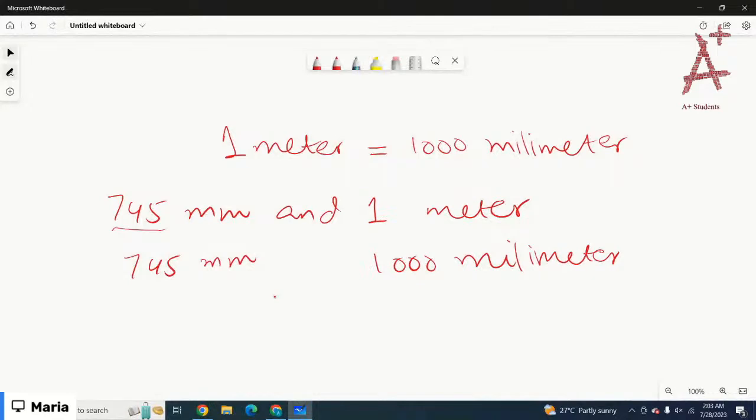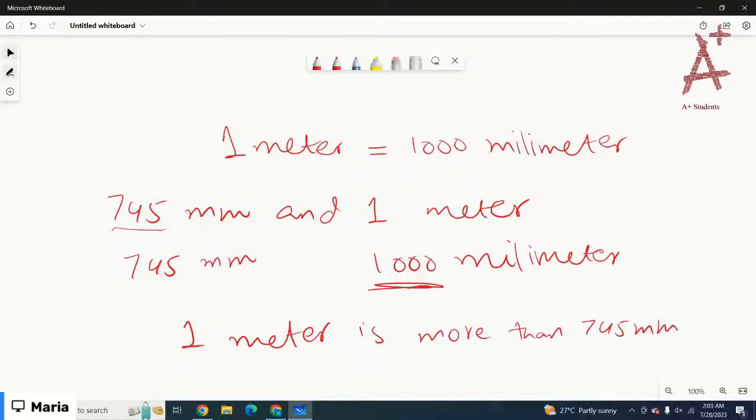Obviously 1000 is more. That means 1 meter is more than 745 millimeter, right? So the correct option is 1 meter. So basically the basic thing is the relationship between the two different units, right?